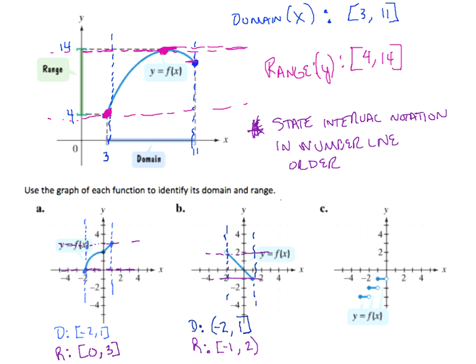Now this last one's a doozy. So first of all, I'm going to show you that the left and rightness of this function is unbroken. In other words, there's a value at every point where it is. So I have a value for the function at negative 3, or negative 2 point something. At negative 2, I don't have a value for the function there, but I've got a value for the function there.